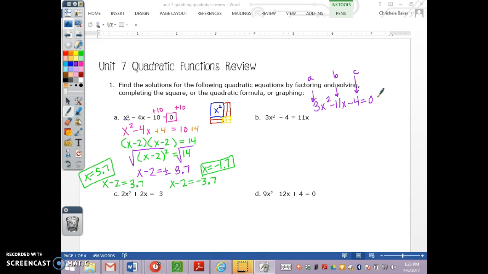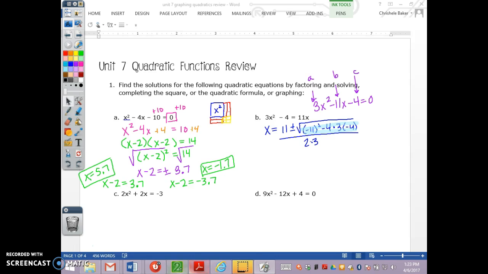Might as well do quadratic formula on this because I've got some crazy numbers here. So our quadratic formula is x equals negative b plus or minus the square root of b squared minus 4ac all over 2a. Now this part underneath here is called the discriminant, and I'm going to put that into my calculator first.